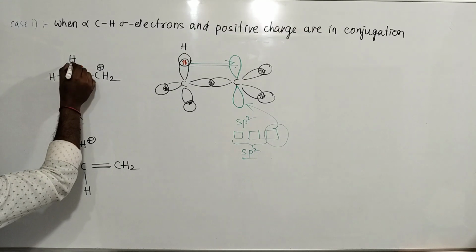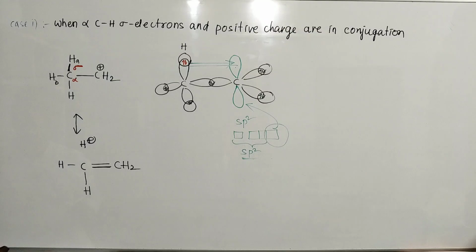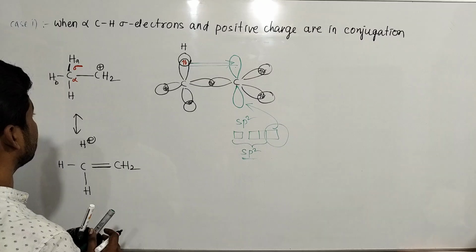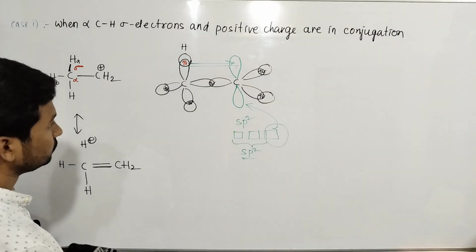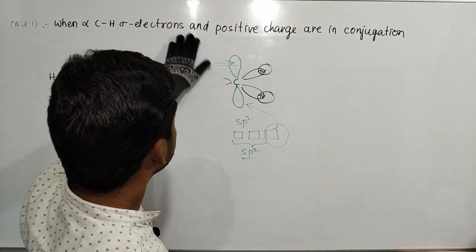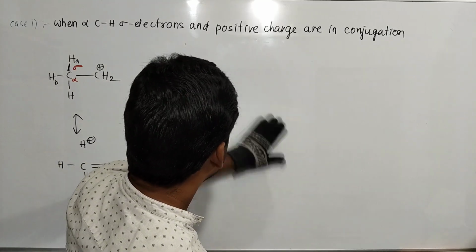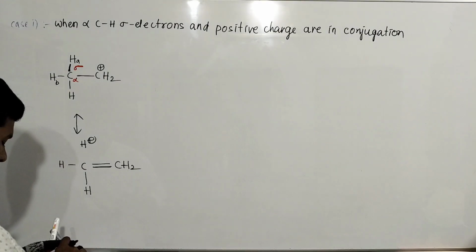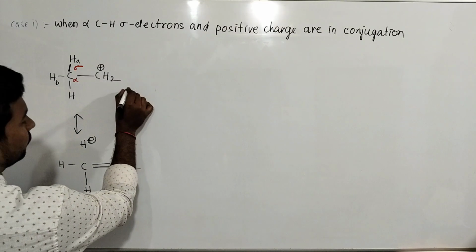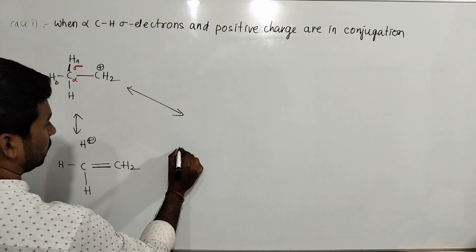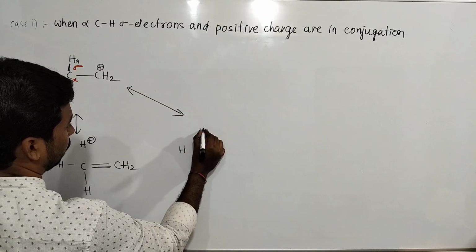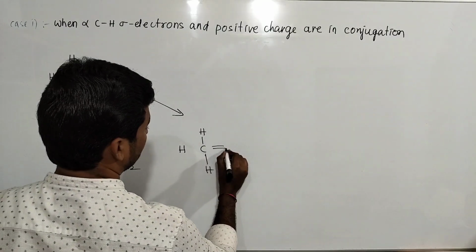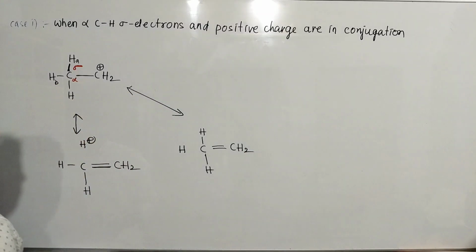Or otherwise, this other hydrogen also may participate in hyperconjugation. How will it be? Here this hydrogen, these 2 electrons shifted here, where it becomes a double bond with CH2. That is the second possibility.